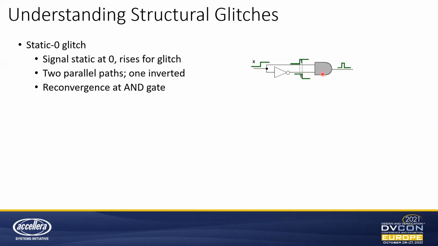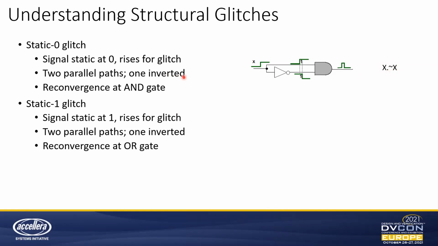So the static 0 glitch can be boiled down to the expression X AND NOT of X. A signal converging at an AND gate with its negation can create a static 0 glitch.